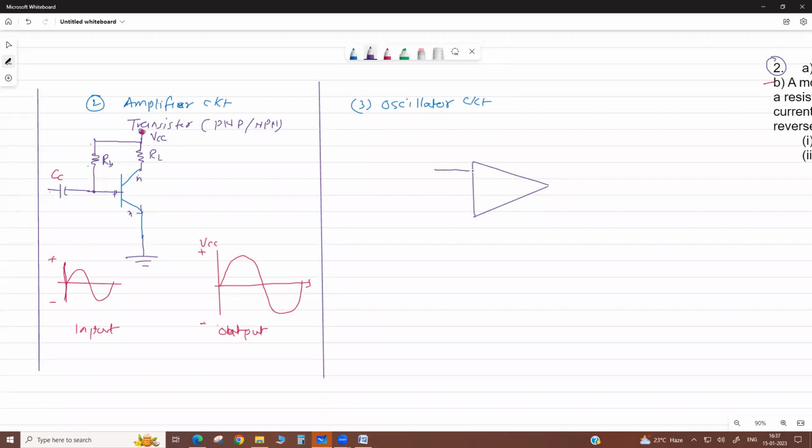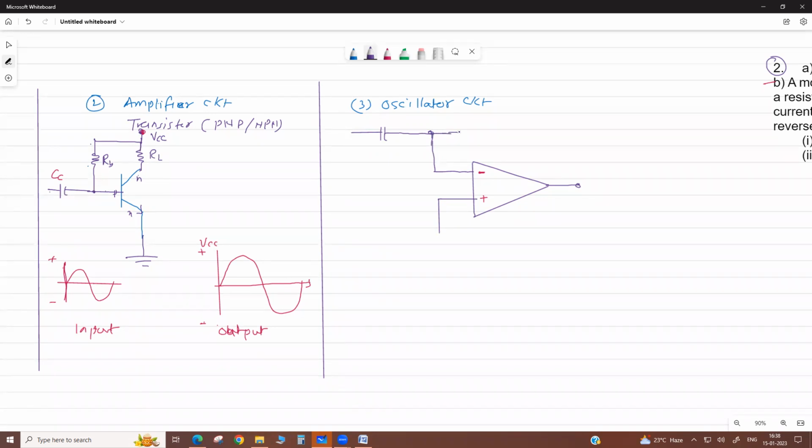Here there are terminals: positive, negative, plus and minus. Here also there is a coupling capacitor, and here we apply the voltage.